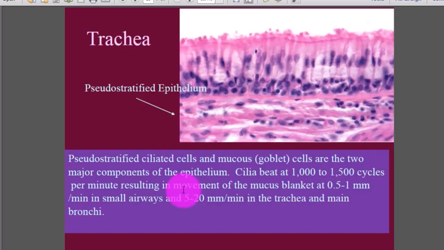Trachea, pseudostratified epithelium: ciliated cells and mucous cells are the two major components of the epithelium.